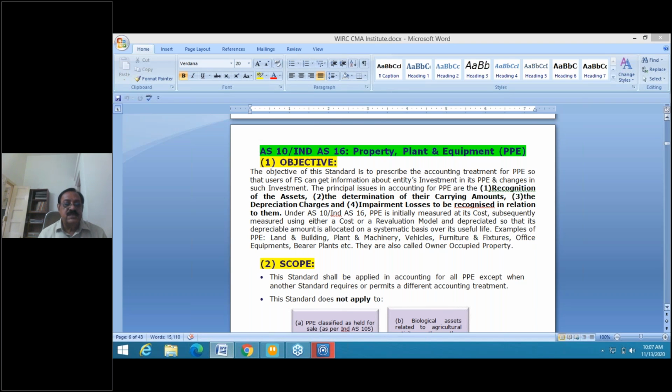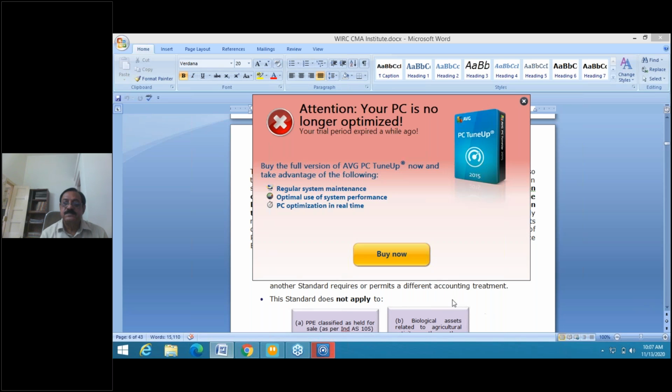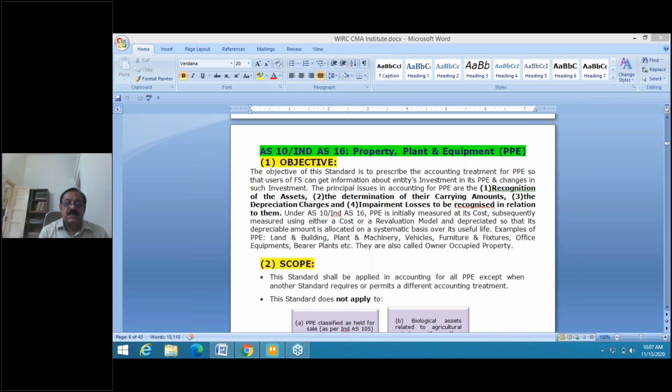Remember, first is recognition of the assets. Second is determination of their carrying amounts. Third is how to charge the depreciation and show in the books. And fourth is how to provide impairment losses in relation to PPE and how to show in the books of accounts.